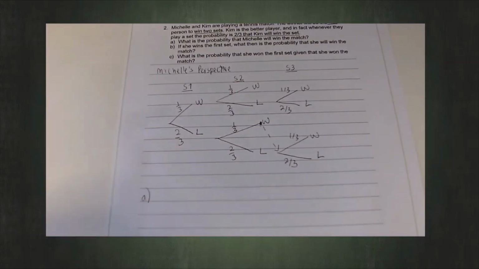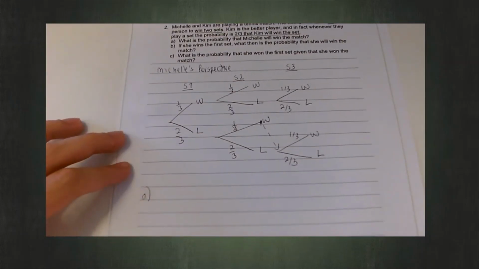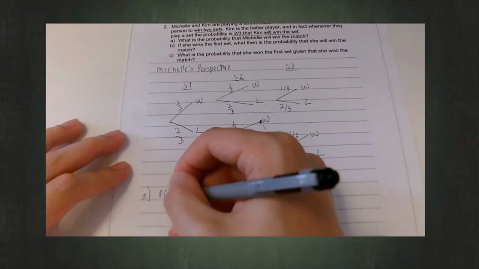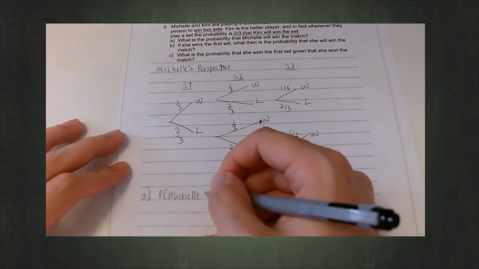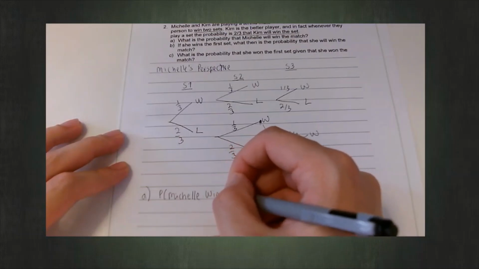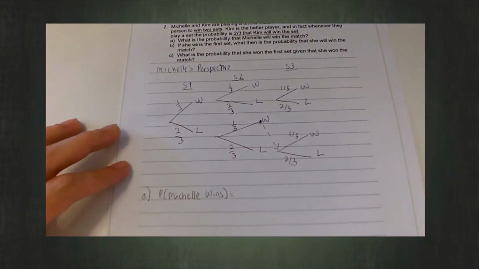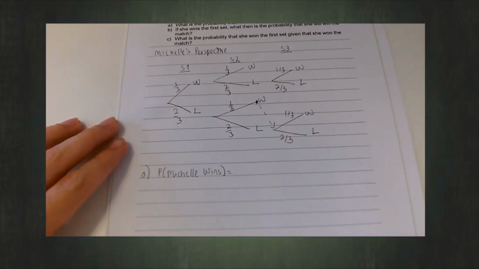So let's just try and understand the first question. What's the probability that Michelle wins the match? Right, we've got to analyse all the possible scenarios where Michelle could win.